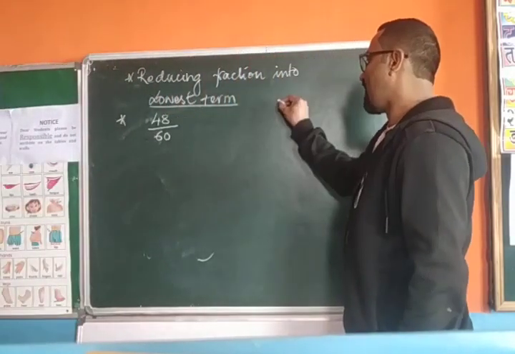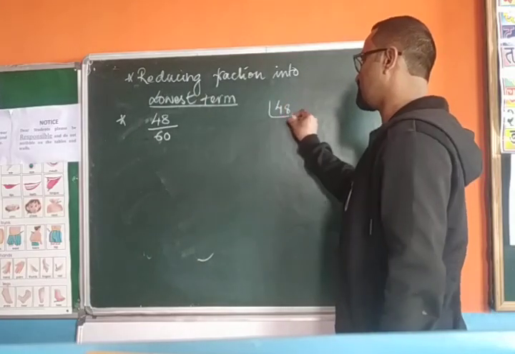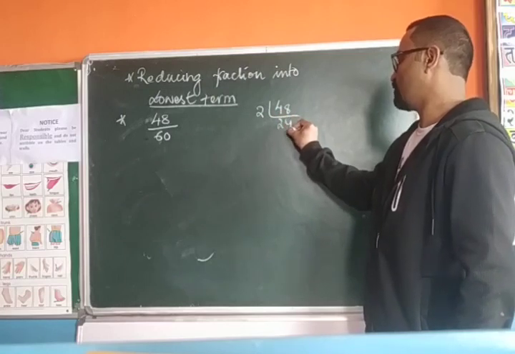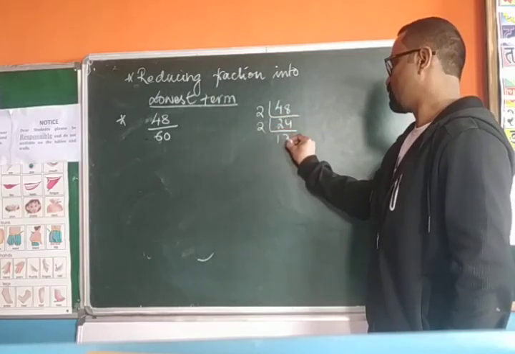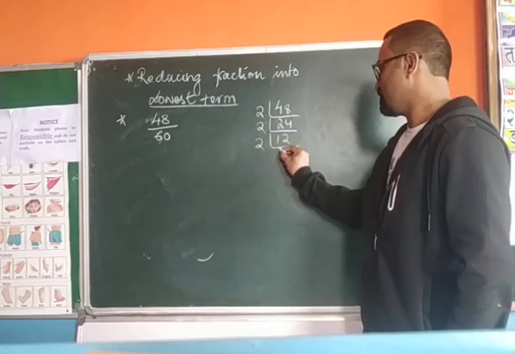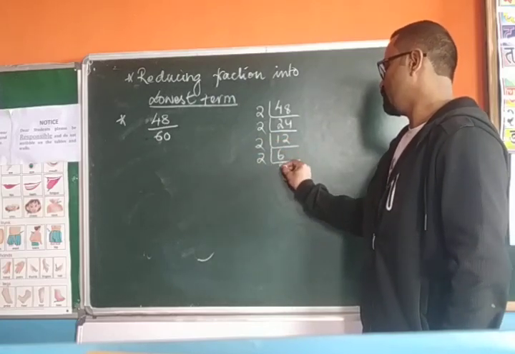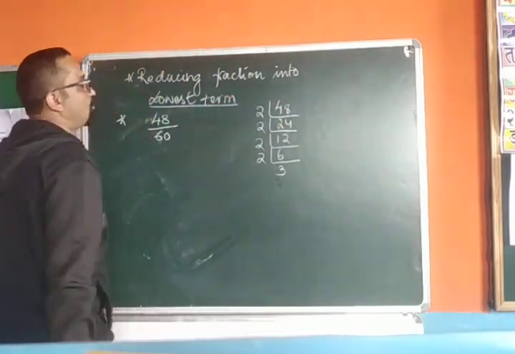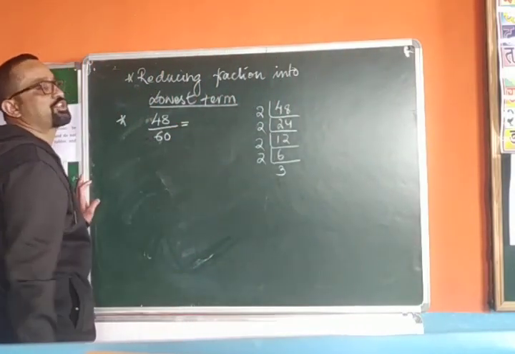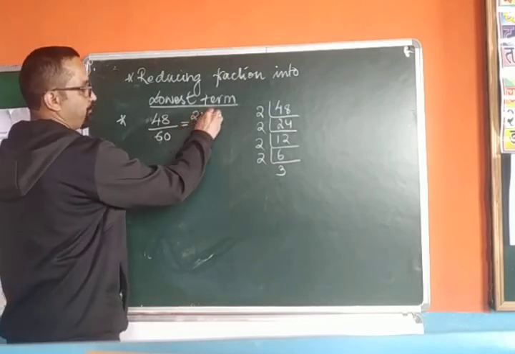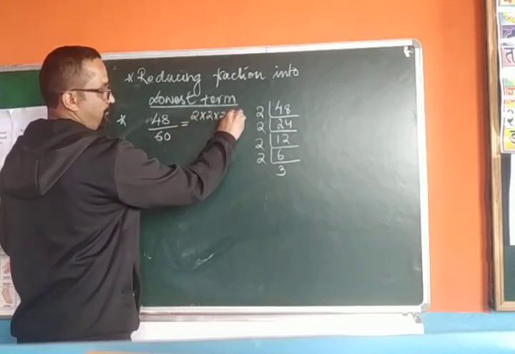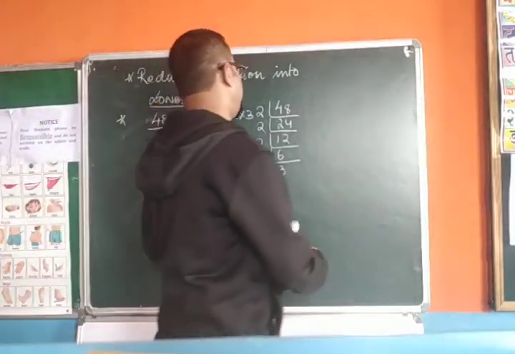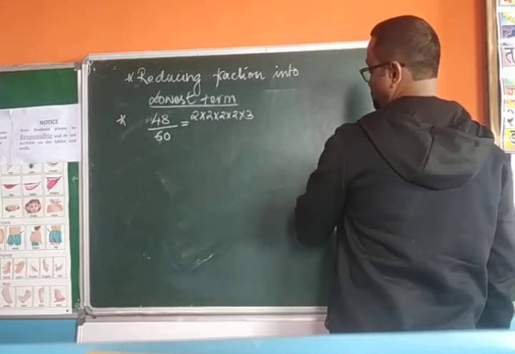Find prime factors of 48 at the side. 2, 24, 2, 12, 2, 6, 2, 3. These are the prime factors of 48, written at the numerator.